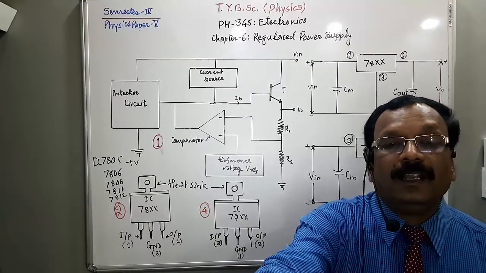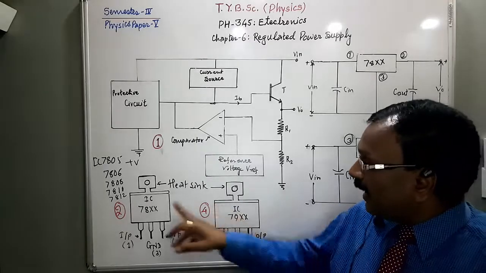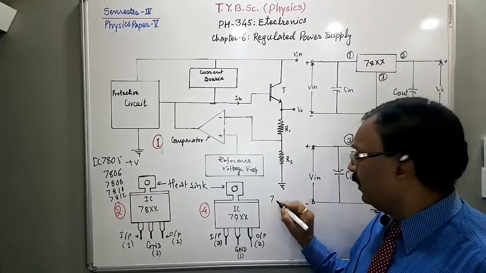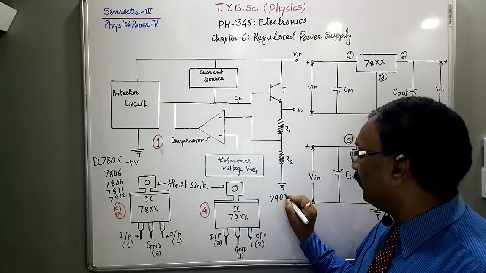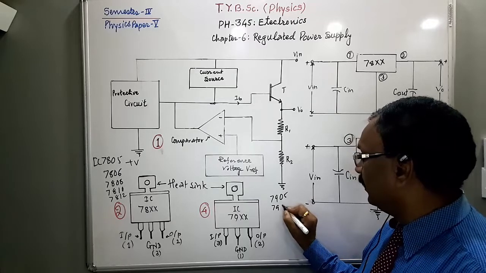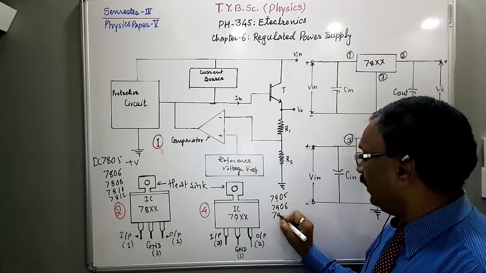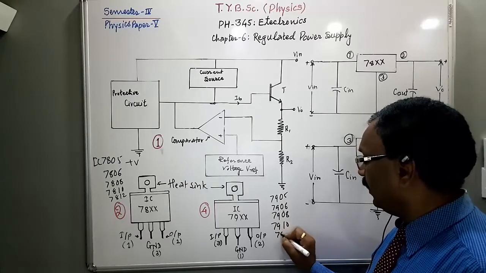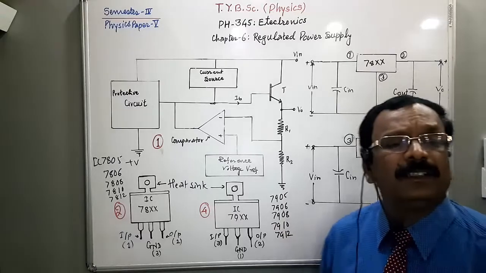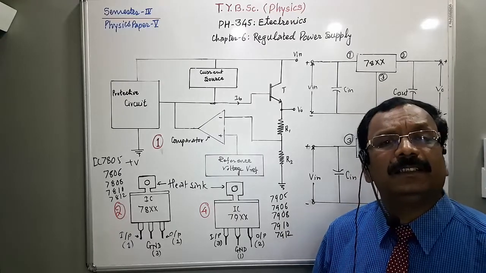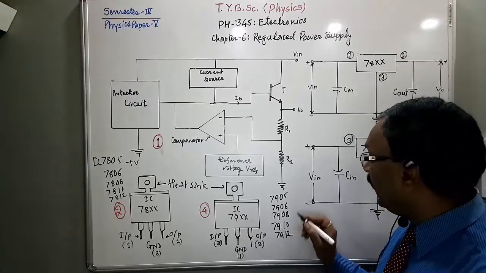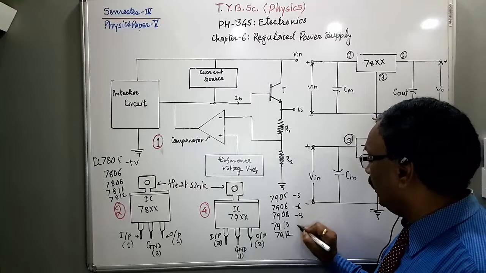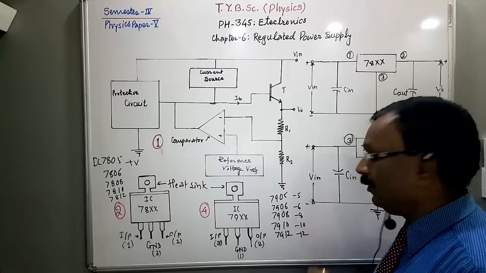Okay. Now, like this 78 series, here ICs 7905, 7906, 7908, 7910, 7912 give the regulated negative voltage -5 volt, -6 volt, -8 volt, -10 volt, -12 volt.